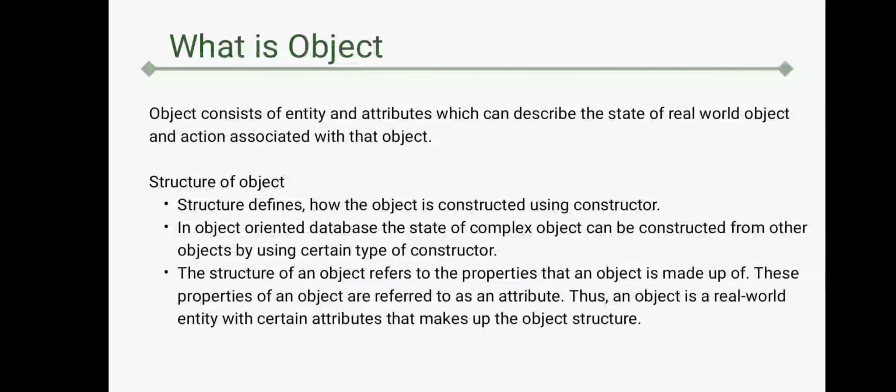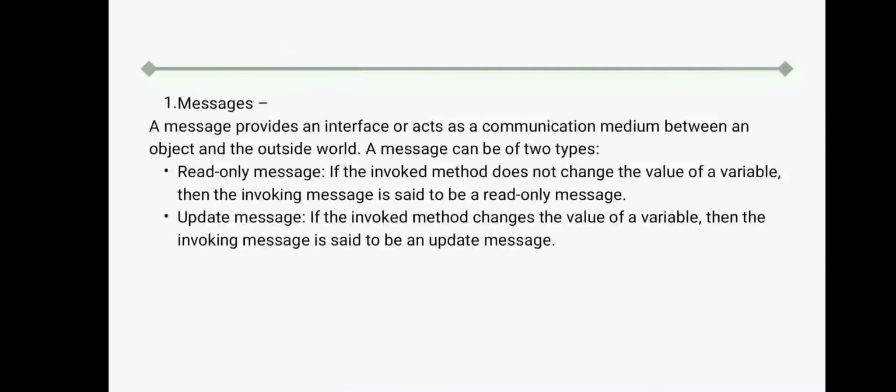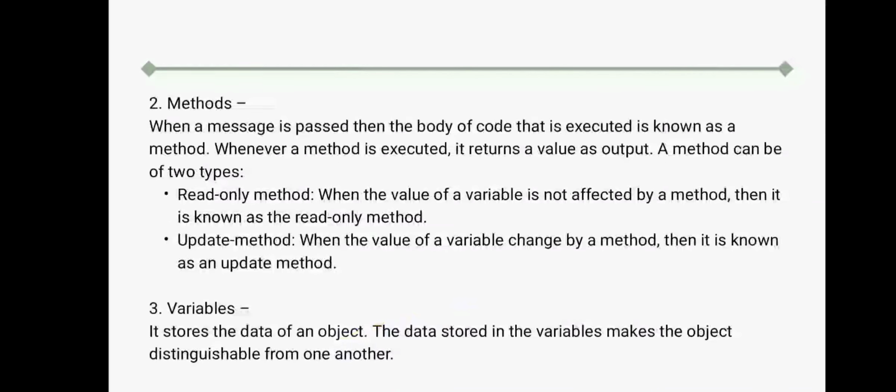So we learned what is an object. An object is an instance of a class which is constructed with the help of a constructor. It has three different types: the method, variables and message.